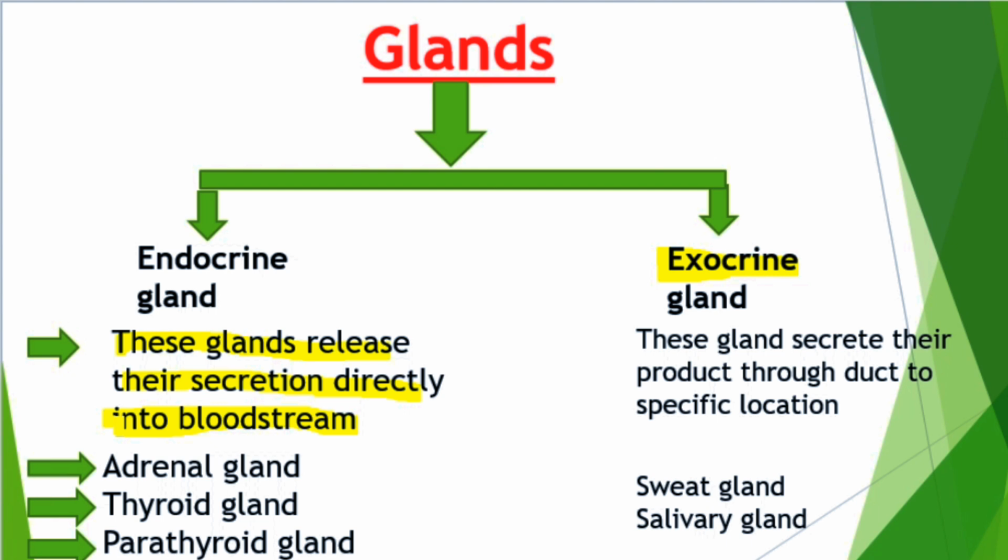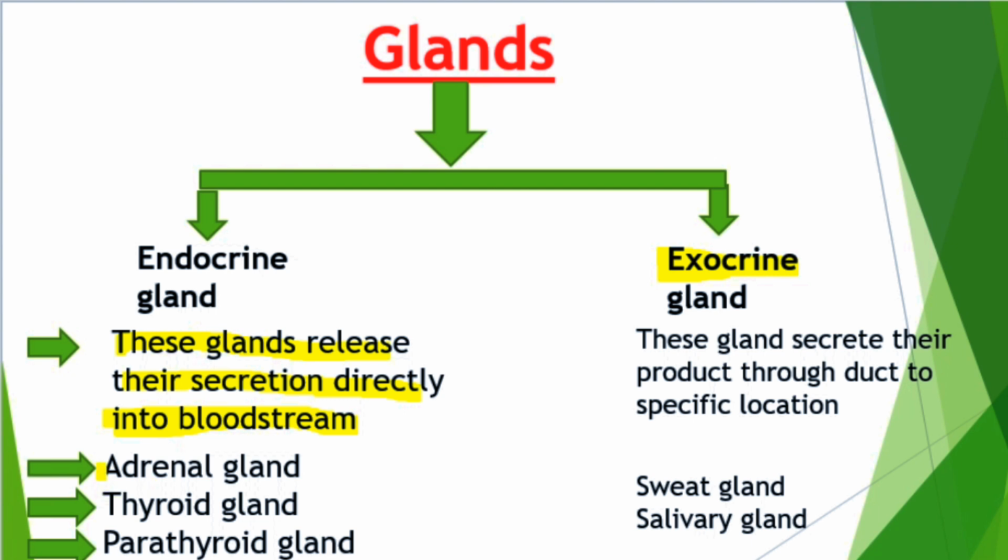Such glands are called endocrine glands. The endocrine gland is also known as a ductless gland because it doesn't have any duct through which its secretion moves to a specific area or target site.